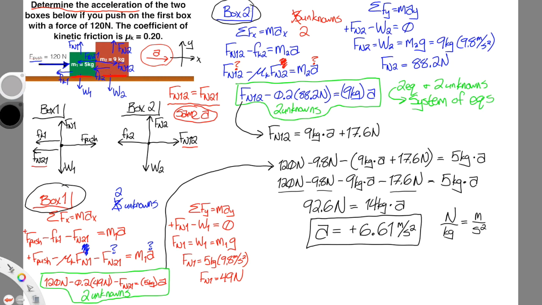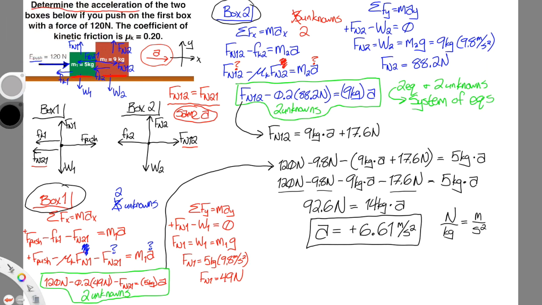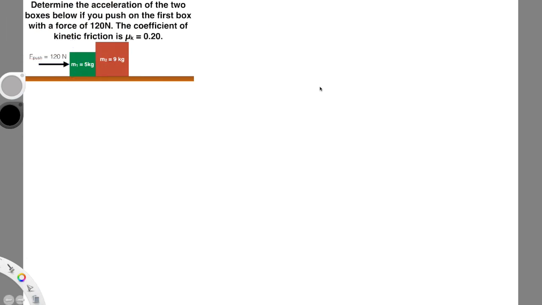But there's another way to do this problem that I want to show you now. So, kind of back to the beginning, get our coordinate system back up here. Let's look at both boxes at once as our system.